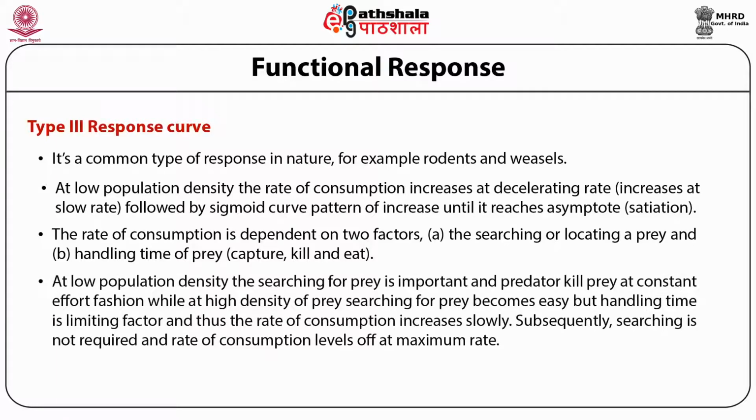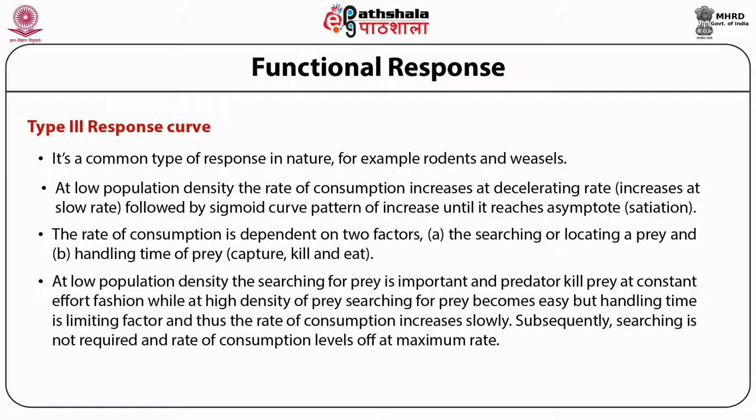At low population density, searching for prey is important and the predator kills prey in a constant effort fashion, while at high density of prey, searching becomes easy but handling time is the limiting factor, and thus the rate of consumption increases slowly.